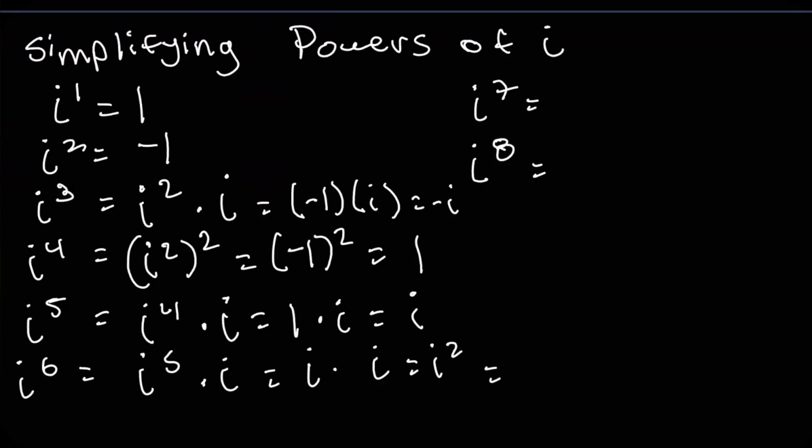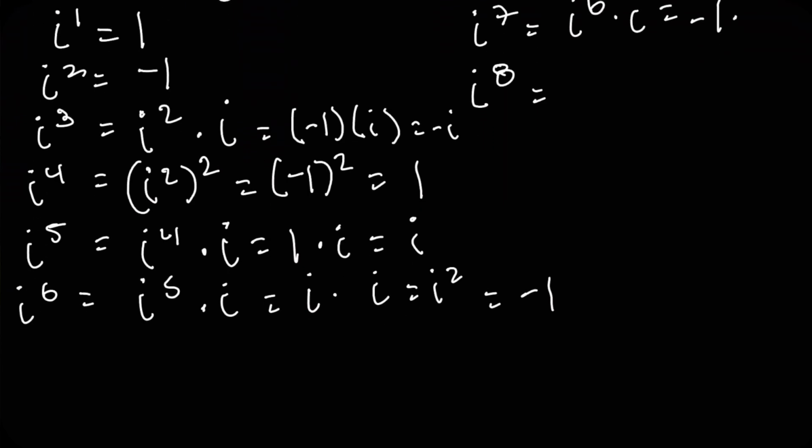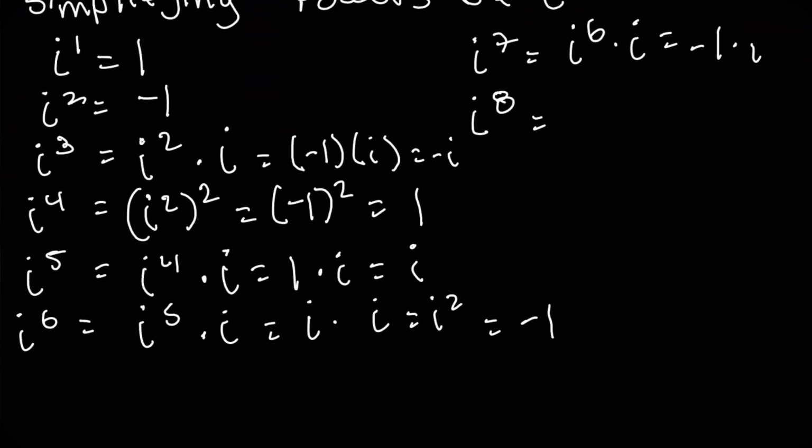And again, i squared is equal to negative 1. All right, and then 7 and 8, we can do those as well. So this will be i to the sixth times i, and if i to the sixth was negative 1, we have negative 1 times i. So this will just give us negative i.